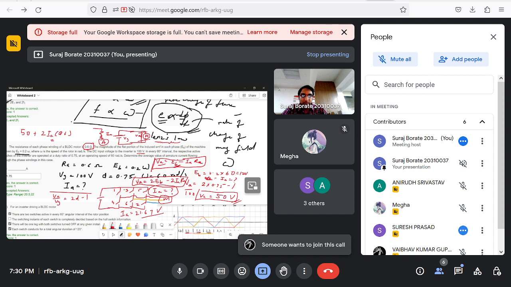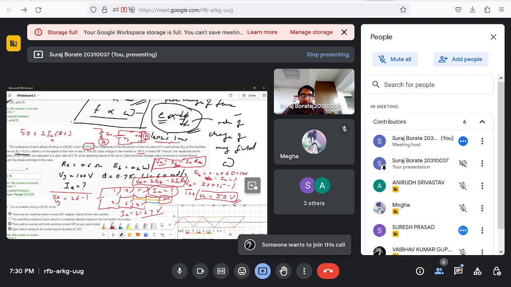Even with this formula, I am not sure how we will get the answer that is given over there. Like what Anirudh is saying, if this is plus then you get the right answer, but when this is minus, you are not getting the right answer.